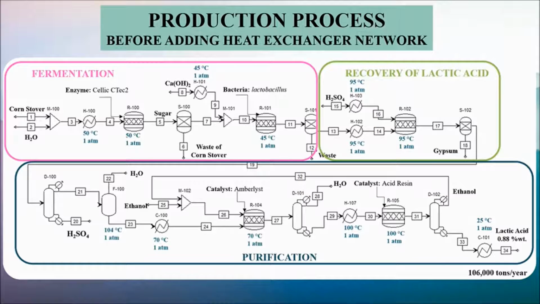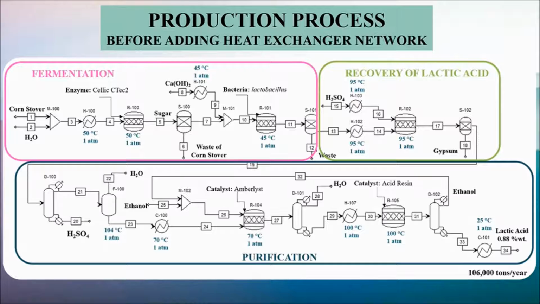Now we can produce lactic acid, but the purity is not yet as required, so the last part is the purification part. Stream 19 is taken into a distillation tower D100 to separate sulfuric acid from lactic acid. After that, water is separated from lactic acid in pre-concentrated batch F100, but there is still a large amount of water which causes the lactic acid to not reach the desired purity because lactic acid has a strong affinity with water.